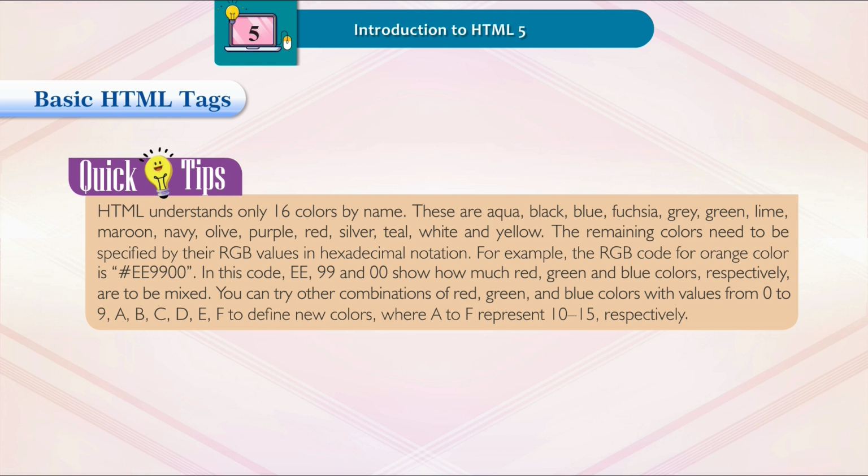For example, the RGB code for orange color is hashtag EE9900. In this code, EE, 99 and 00 show how much red, green and blue colors respectively are to be mixed. You can try other combinations of red, green and blue colors with values from 0 to 9, A, B, C, D, E, F to define new colors, where A to F represent 10 to 15 respectively.